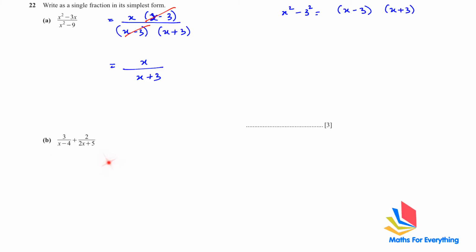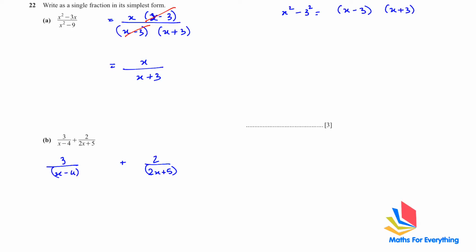Next, we have an algebraic fraction. We solve the algebraic fraction in the same way as we solve a normal fraction with numbers. Let's write down the fraction. We need to have a common denominator.